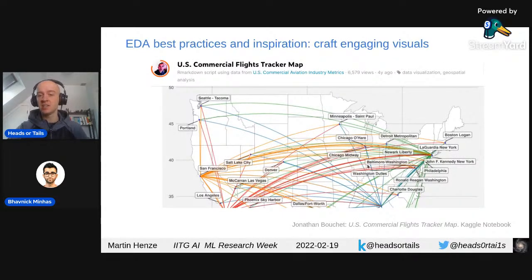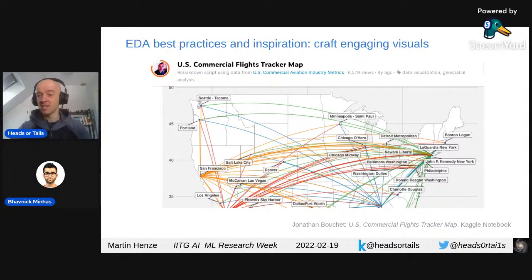You can see that there's a lot happening in this data set. It is very busy, but you're able to clearly distinguish the green lines, the red lines, the orange lines. You immediately see which airports are busy and which are less busy. It's a great way, in this map visualization, to give you an immediate intuitive impression of your data.